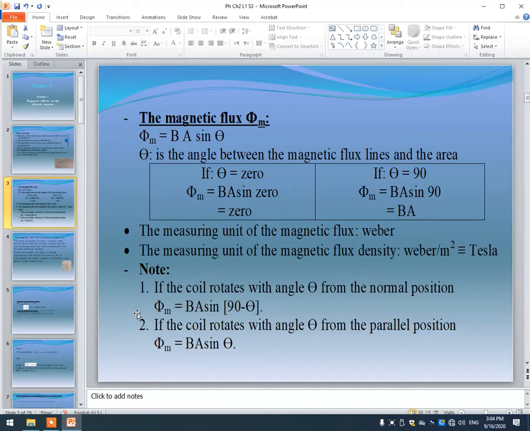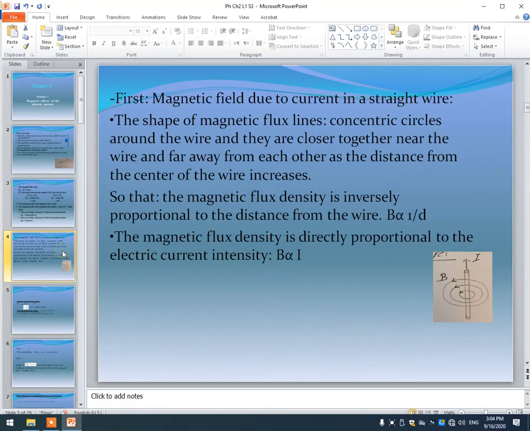So if we calculate the difference between 0 and a certain angle, it will be the same value as the angle. So phi m here will be AB sine theta.